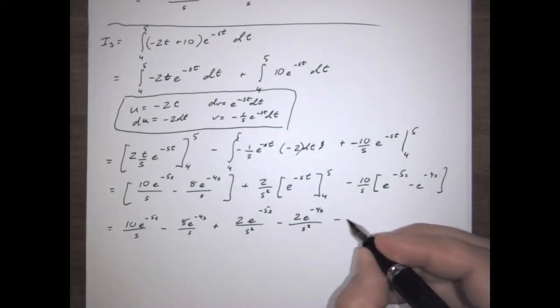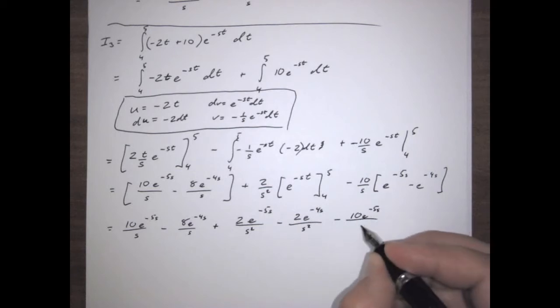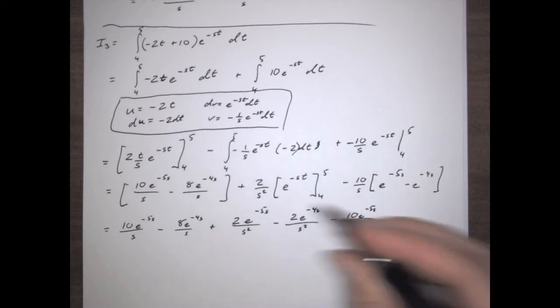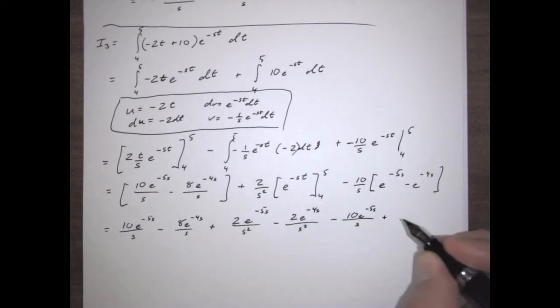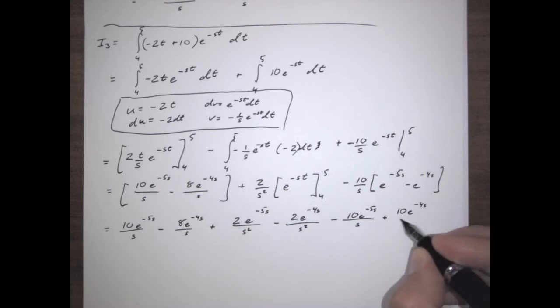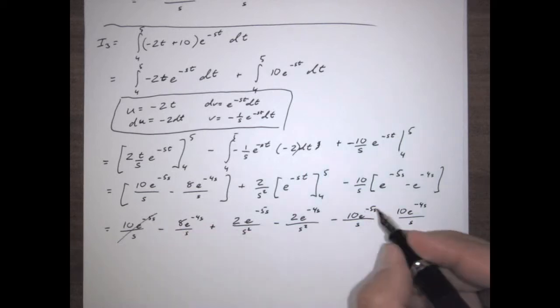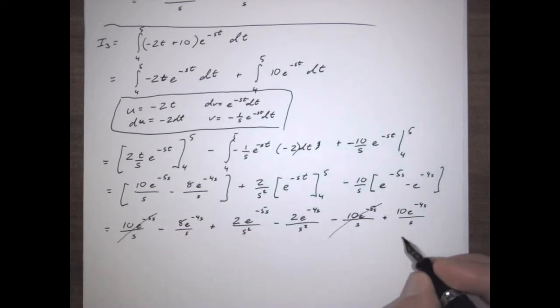And then here, minus 10 e to the negative 5s over s. Notice we've got some canceling happening over here. Plus 10 e to the negative 4s over s. So these ones will cancel each other. These two will be like terms.